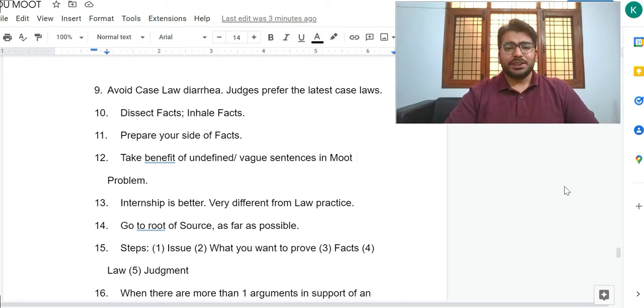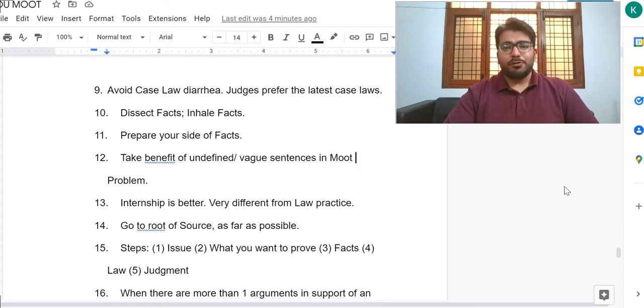My next suggestion is to always prepare your side of the facts. What I mean by that is, whenever we start a moot court competition and say that if my lords are well versed with the facts, the lordship may say no, just tell me the facts. So you should have a ready reckoner with you, which you can consult or remember, wherein the facts are presented in such a way that they support you.